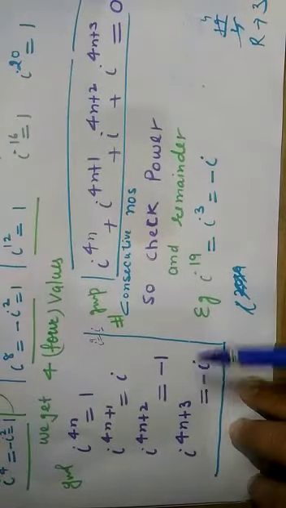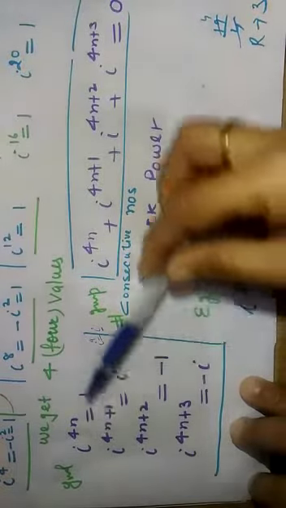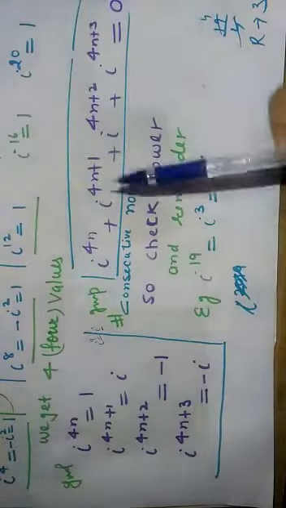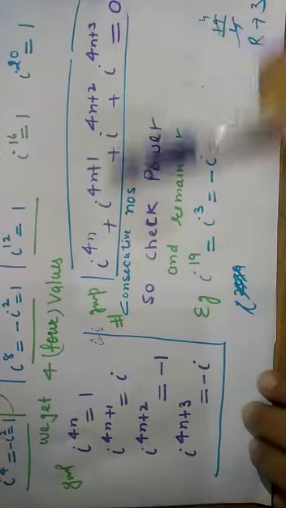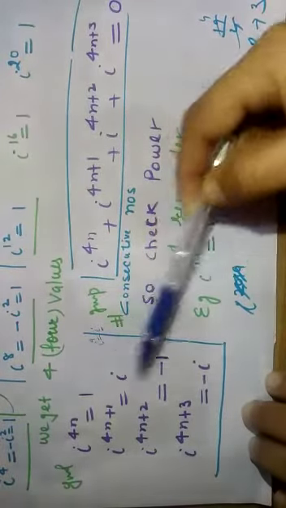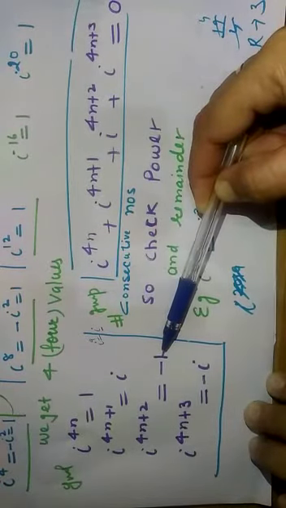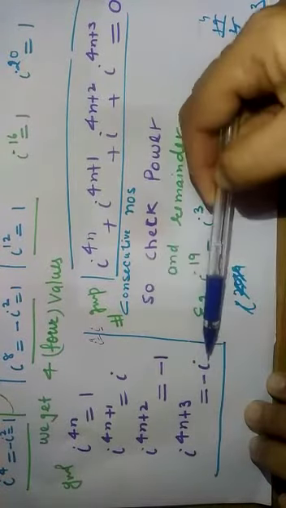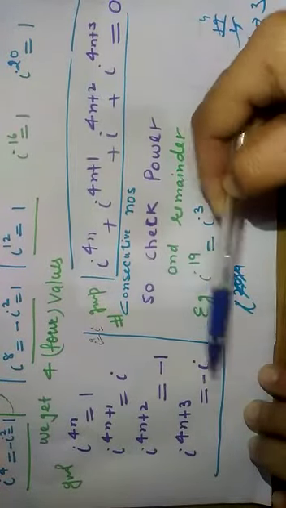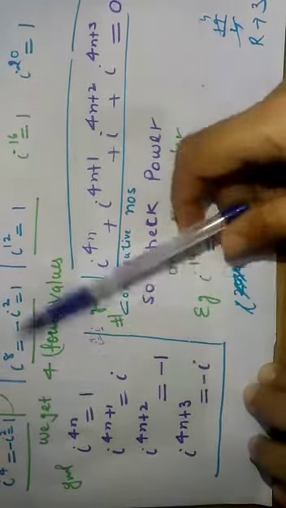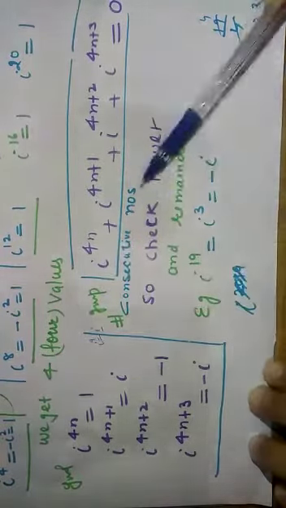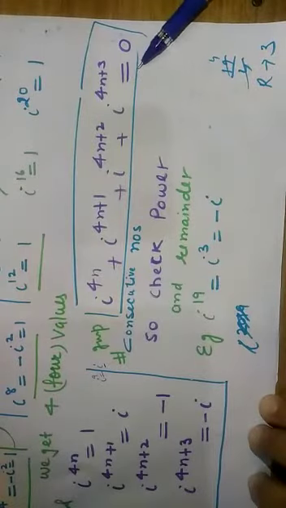Also I have observed one thing. If I add all these values, I will get the result 0. You can check: positive 1, negative 1 gives me 0. Iota positive, iota negative gives me the value 0. So if I add all these, I will get 0.